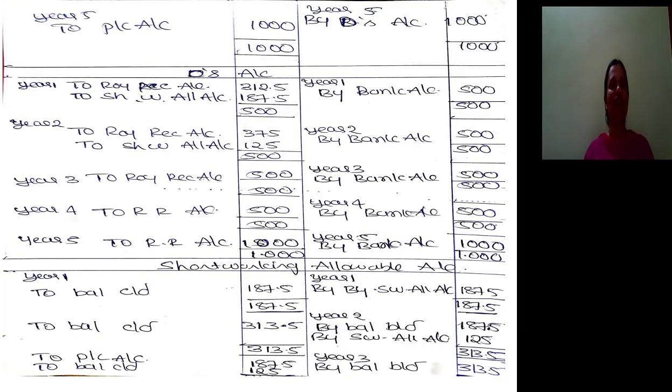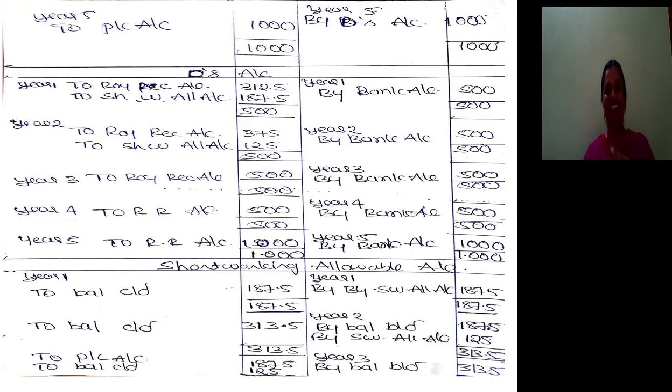First we have to write the due entry. What is the due entry? Lessee's account debtor, to royalty receivable, to short working allowable, 312.5, 187.5. In short working account, you have to write by royalty receivable account 187.5, not short working allowable account.